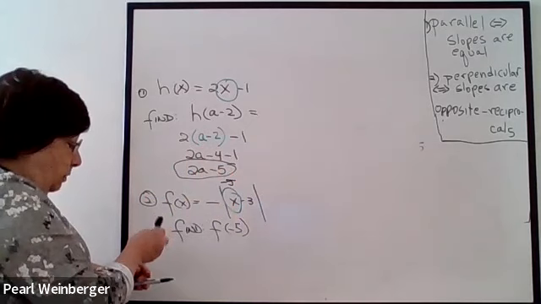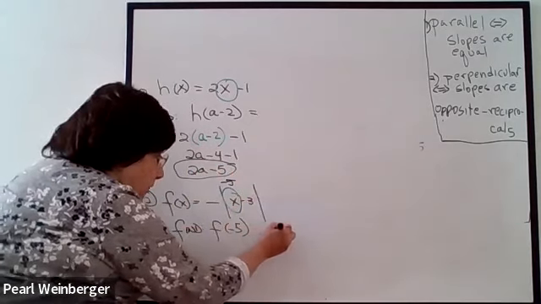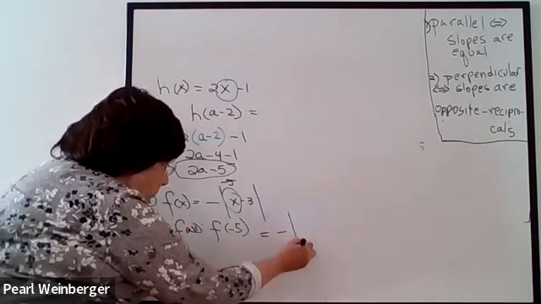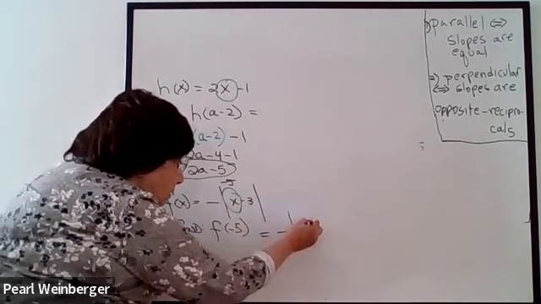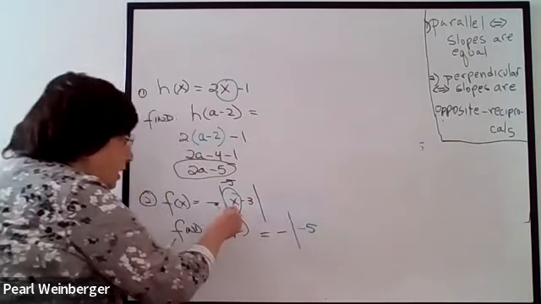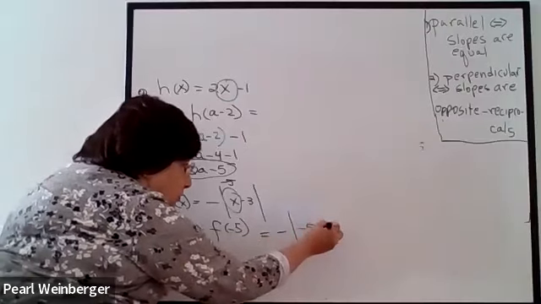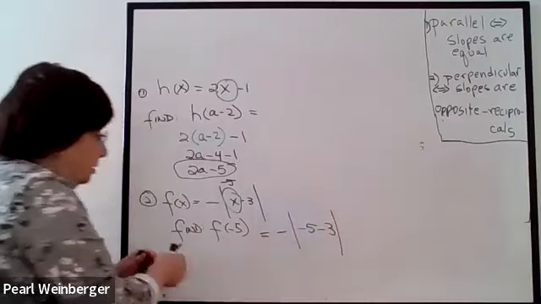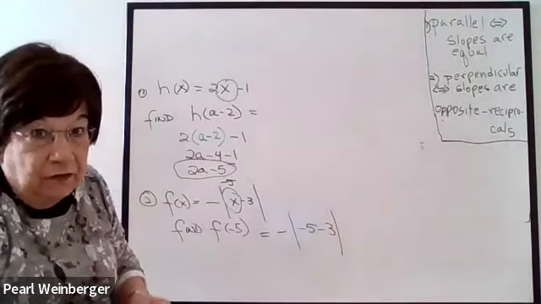So this is going to become negative absolute value. Now here's my new x, negative 5. I'm replacing the x with negative 5, minus 3. All I did is in place of the x, I put that negative 5.